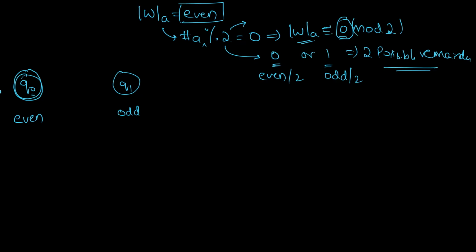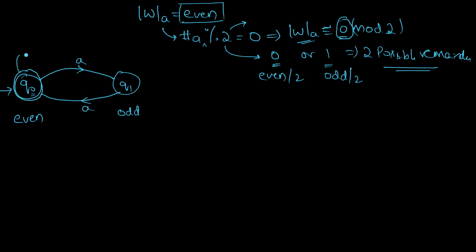Always remember Q0 will be our initial state. So when we see an A from the even state, we go to Q1, which is the odd state. From the odd state, when we see an A, we go back to the even state.